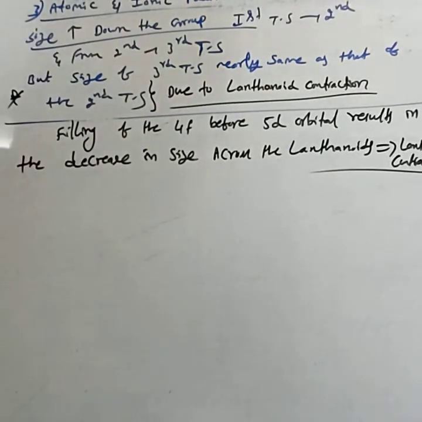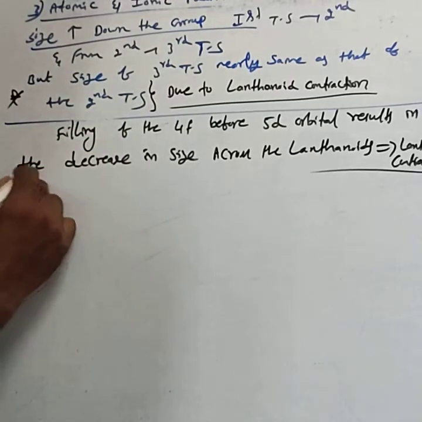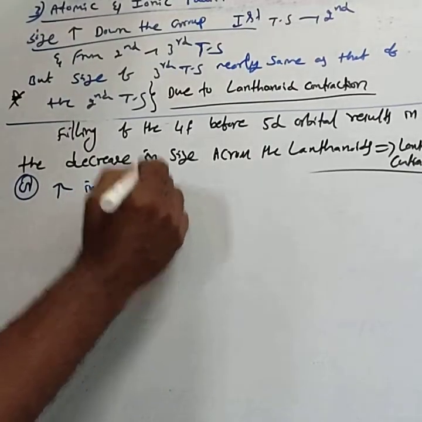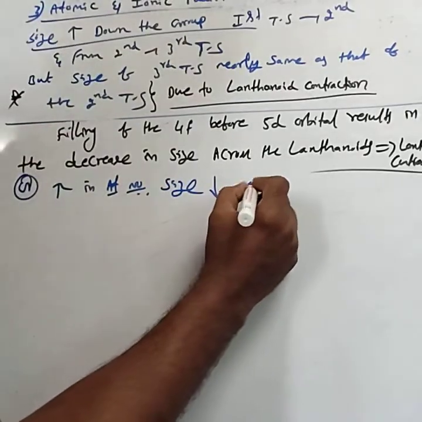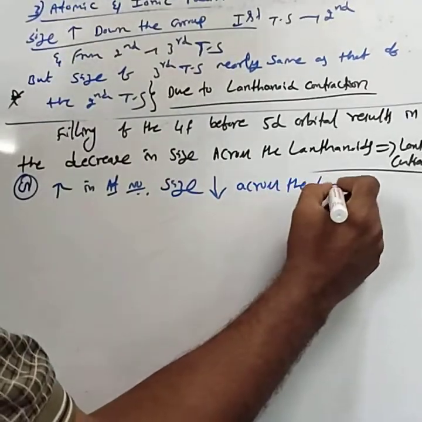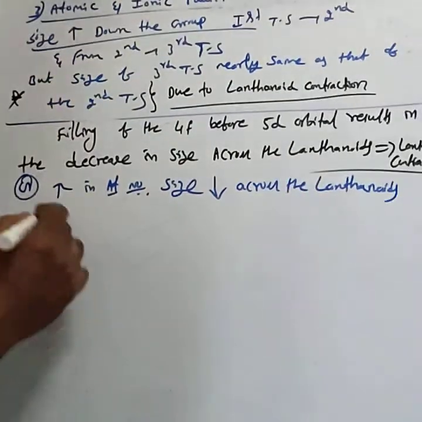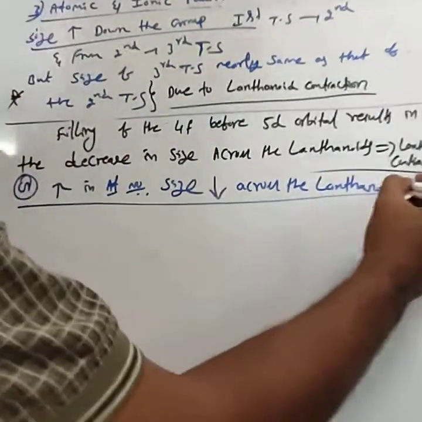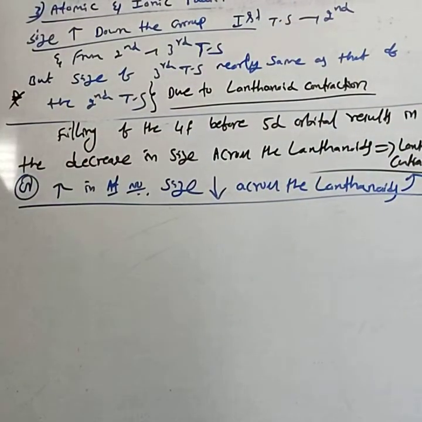Or instead, we can write: with increase in atomic number, atomic size decreases across the lanthanides, which is called lanthanide contraction. Any definition you can write is for 1 mark, and it is most important.